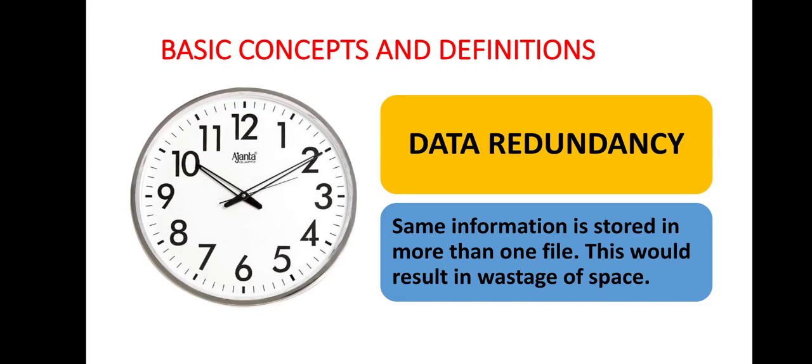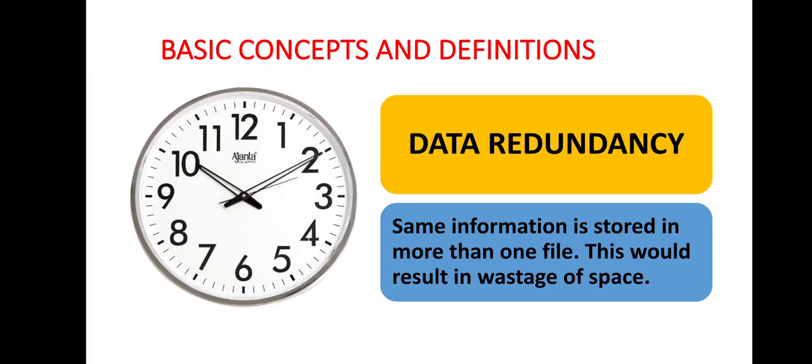If I am going to place that many wall clocks in the classrooms, it is unnecessarily going to accommodate space, that is wastage of space, and moreover it is going to show the same time. Now you understood that R, which is repetition, is nothing but redundancy. So the same time is going to be shown in all the places, which is going to accommodate more space, which is called data redundancy.